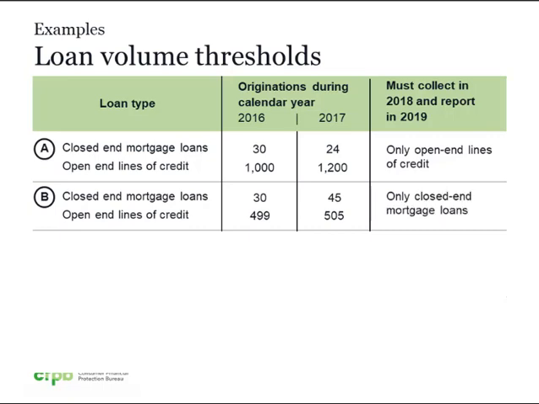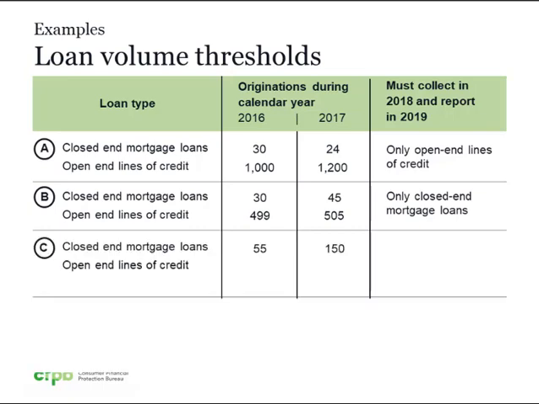For 2018 data collection for submission in 2019, Institution B will only be required to collect data on its closed-end mortgage loans because for both 2016 and 2017, it originated at least 25 closed-end mortgage loans. It will not be required to collect data on its open-end lines of credit because it originated only 499 open-end lines of credit in 2016.